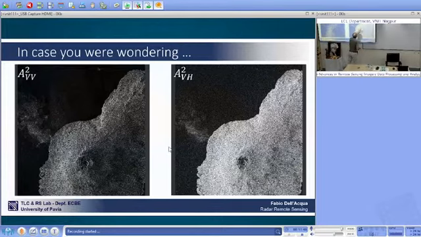This distribution of values is different from this distribution of values, and specifically, this looks much stronger. It's much brighter. Why is that? This is VV. It's an orderly type of reflection. I shoot vertical, I get vertical. This is VH, also called cross-polarization.